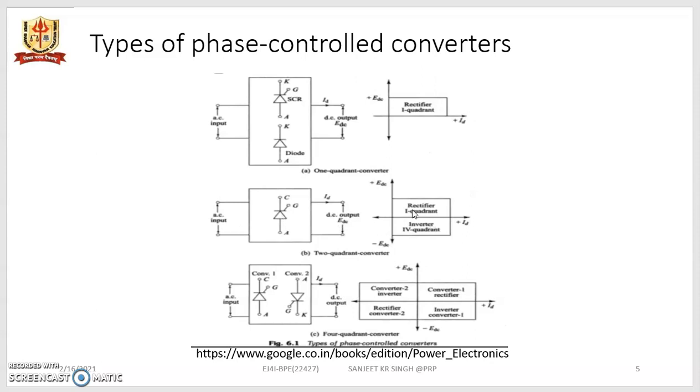In forward direction, it is working in rectification mode, and in the fourth quadrant, it is operating in the inversion mode where power flow is reversed from output to the input side. And in four quadrant operation, the power flow again is in both directions.